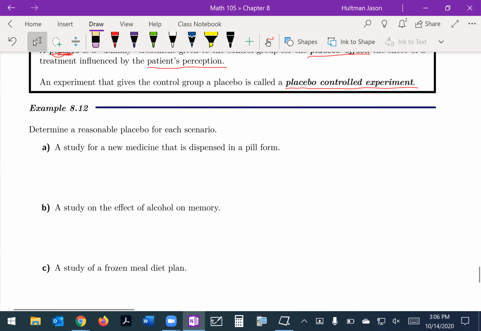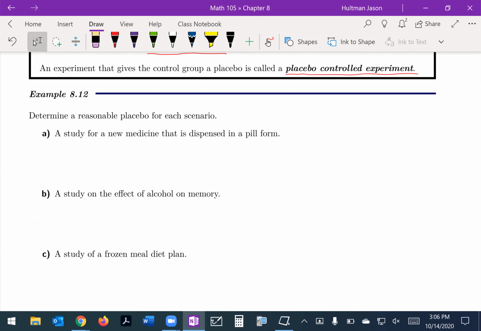Determine a reasonable placebo for each scenario. The study of a new medicine that is dispensed in pill form. How about a sugar pill, a pill that just has sugar in it? That would be my placebo on that one. Study on the effect of alcohol on memory. How about a non-alcoholic drink? I can't spell today.